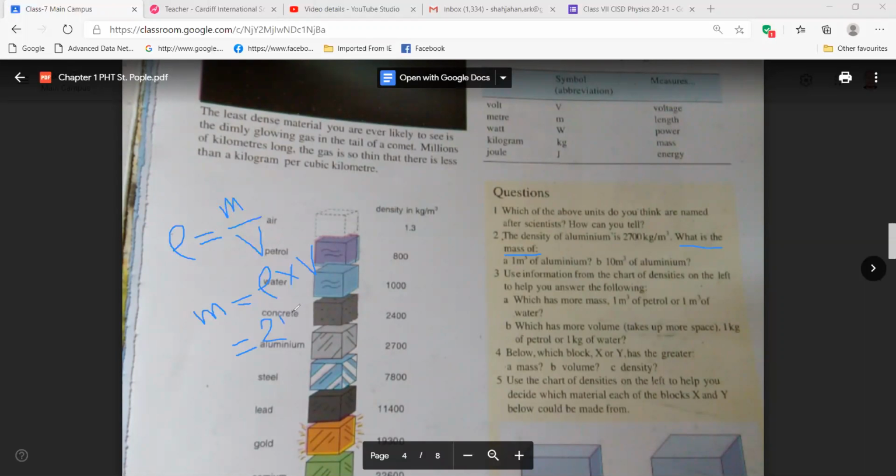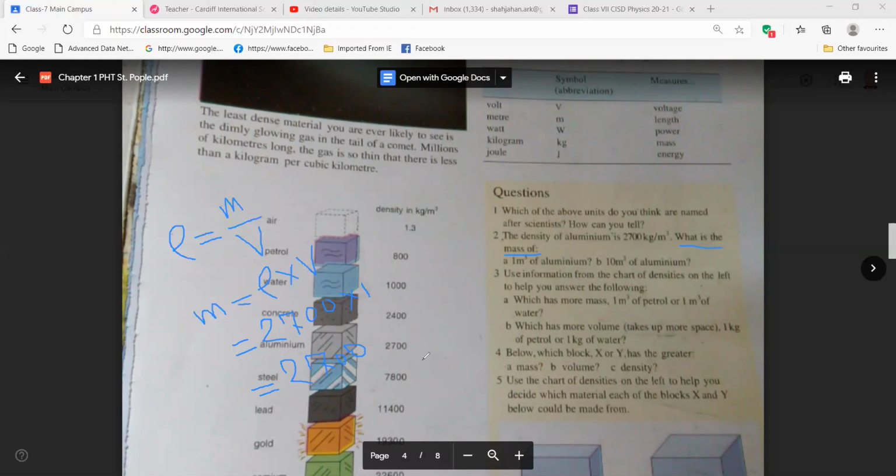Now density is given as 2700 kg per meter cube. Please write it on your paper, otherwise you will forget again. We are solving A, so 1 meter cube gives 2,700 kg. Very good. Then what will be the answer of B? 27,000 kg only, right?